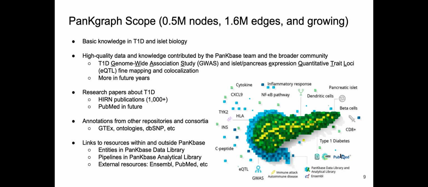Right now we have the GWAS hits, the eQTLs, fine mapping and colocalization, and more are coming in future years. We also have more than 1,000 papers from HIRN, which are also being processed to enrich the knowledge graph. We also include a lot of annotations from other repositories like GTEx, ontologies, and dbSNP.